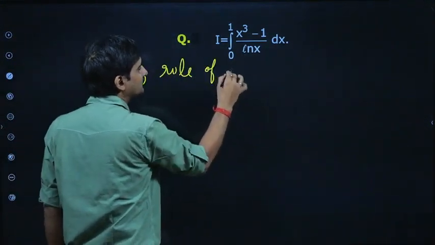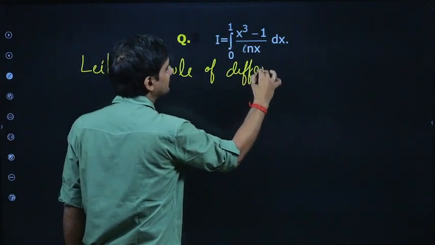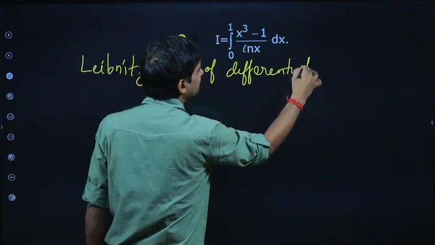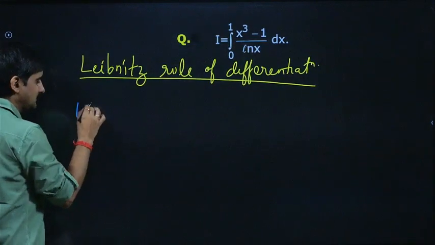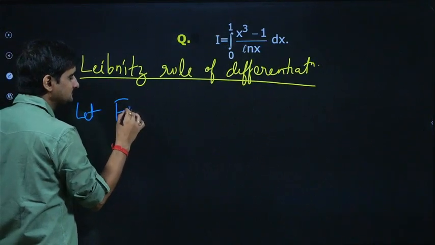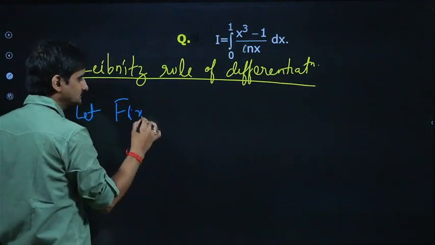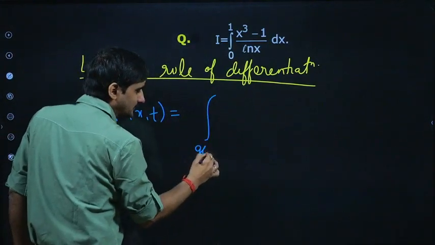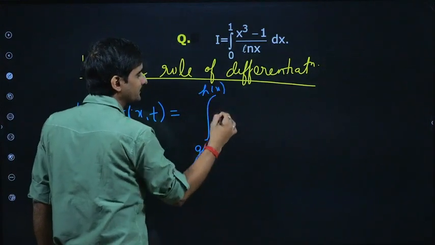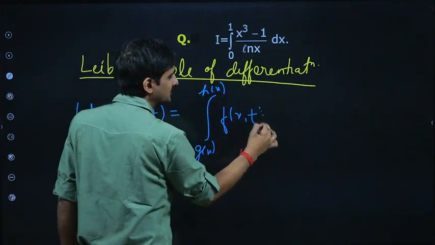So what is it? We use this rule of differentiation to differentiate a definite integral. Let's say I have the integral of f of x, t from g of x to h of x, with respect to x.